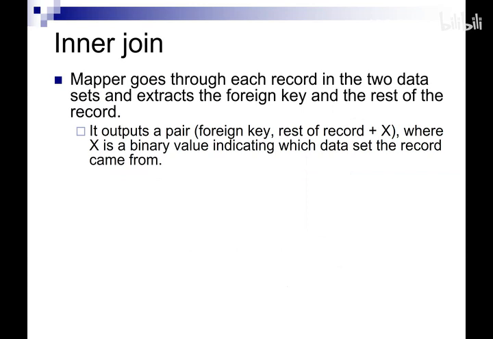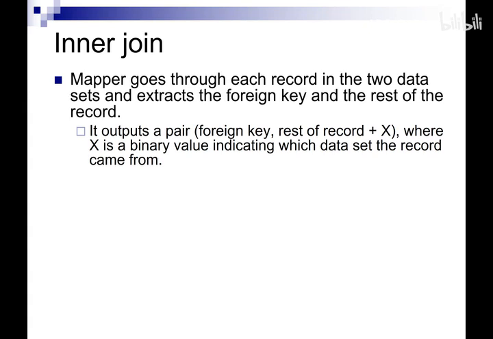Okay, so in order to do this computation, what we're going to do is the mappers are going to go through each of the tables. Each mapper gets part of the first table and part of the second table.